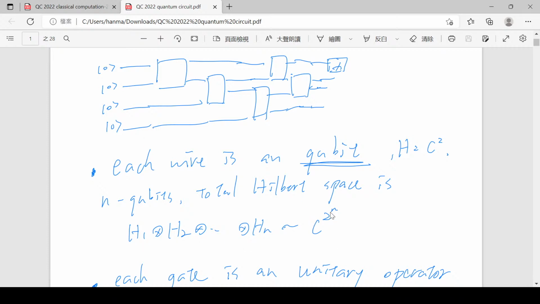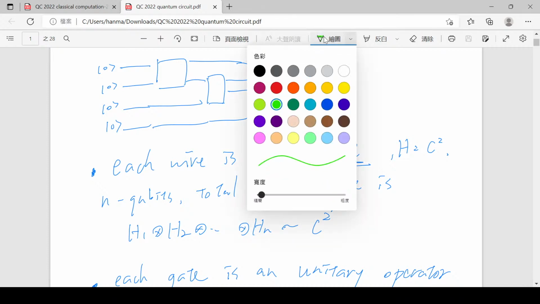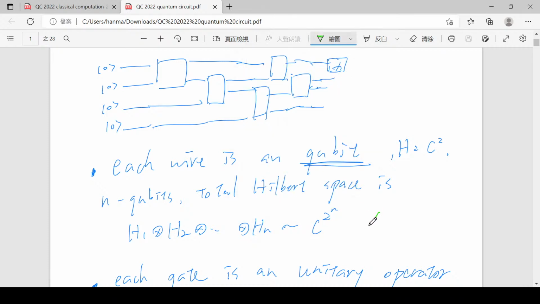And the dimension is going to be the product, so 2 times 2 times 2, n times, so the total dimension is 2 to the n. And the convention is we also say big N equals 2 to the n. So that's the convention.